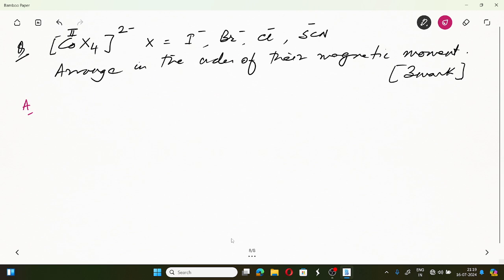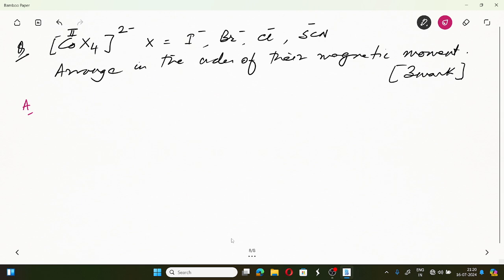Please draw it. So if you draw the crystal field splitting diagram, see for tetrahedron, this is what?